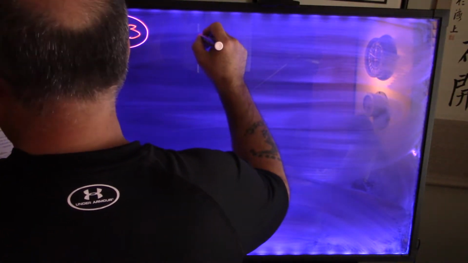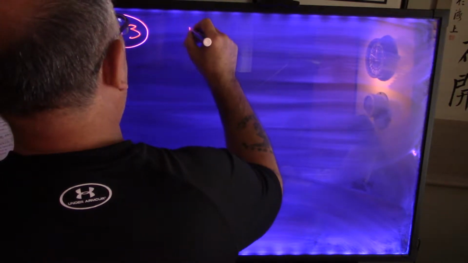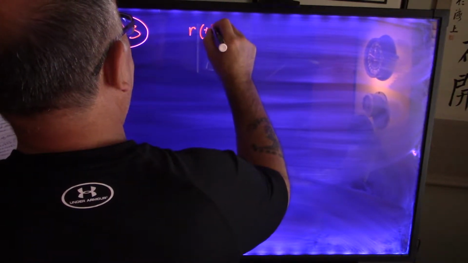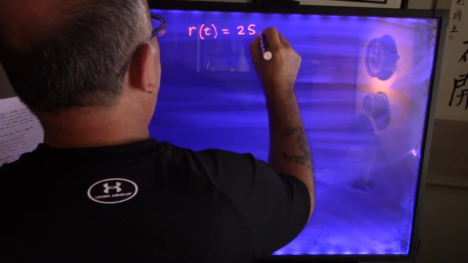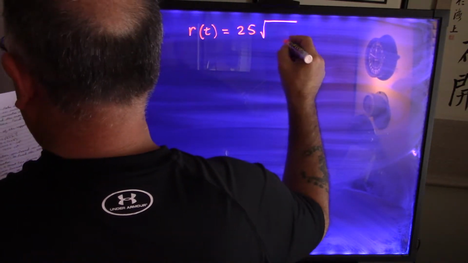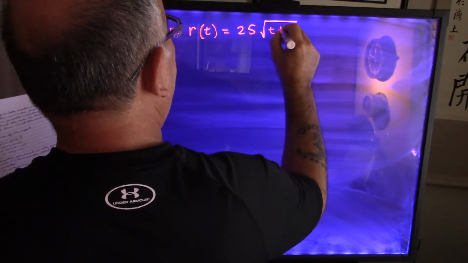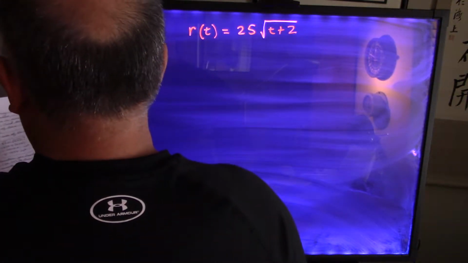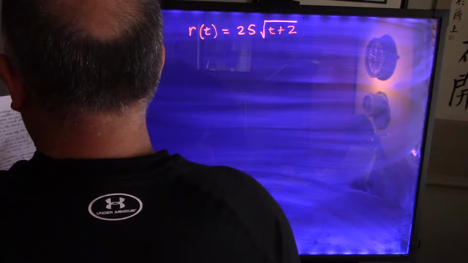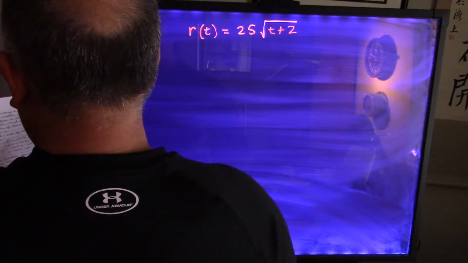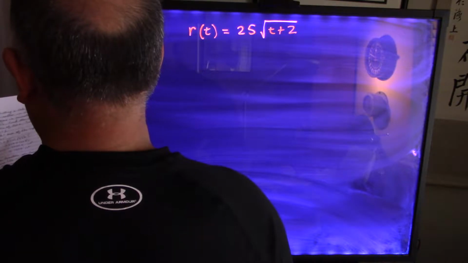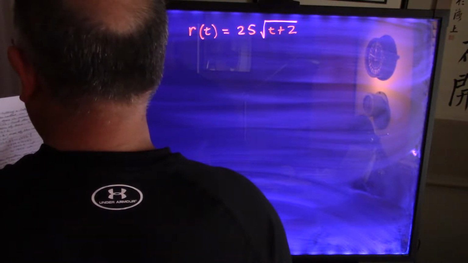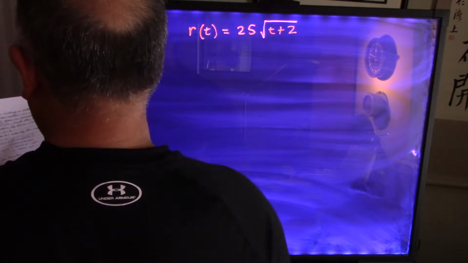So we have lowercase r of t is 25 square root of t plus 2. And that's the radius in inches, which grows as a function of time t in minutes, according to r of t equals, okay.